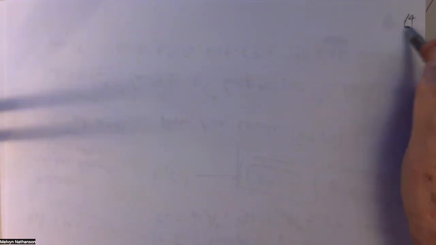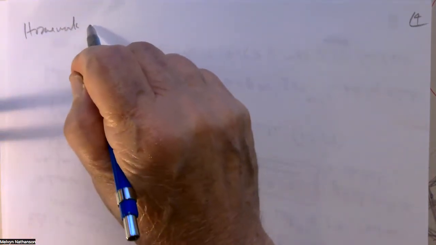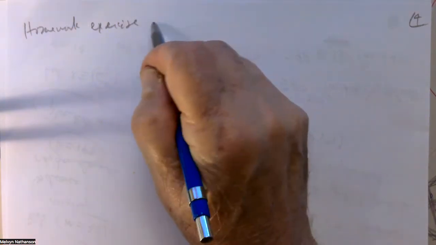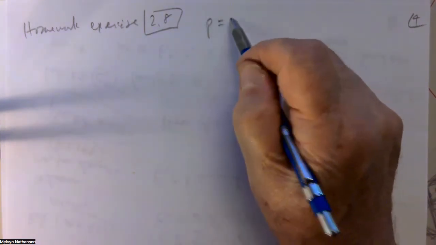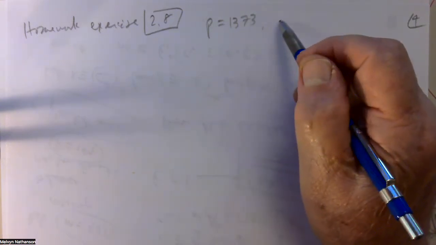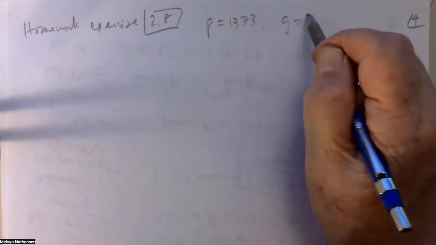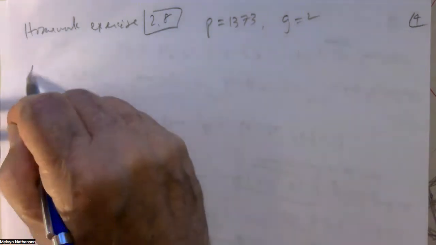Let's look at one of the homework problems. This is exercise 2.8 on the Elgamal cryptosystem. So we start with a prime P, 1,373, and we take G equal to 2 as the base for the communication.